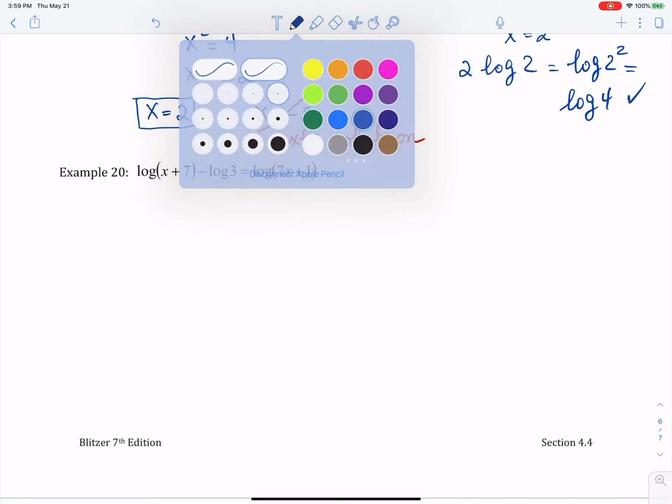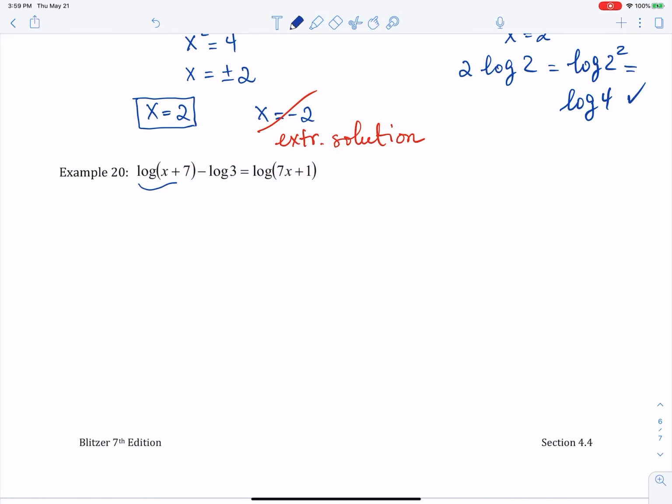Example 20. Again, to apply this method, I need to have just one logarithm equal to one logarithm on the other side. So combine those two logarithms through the quotient rule for logarithms. It's going to look like logarithm of x plus 7 divided by 3 equals logarithm of 7x plus 1.